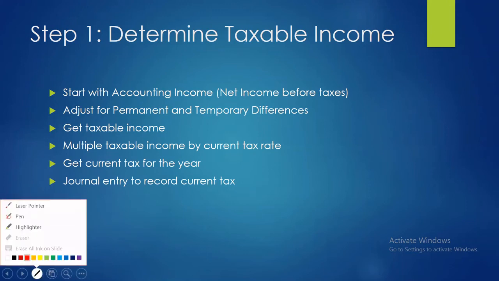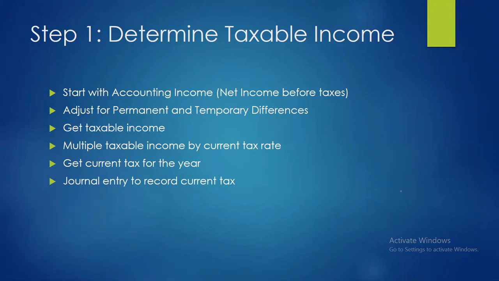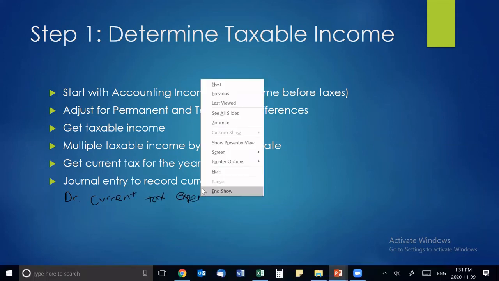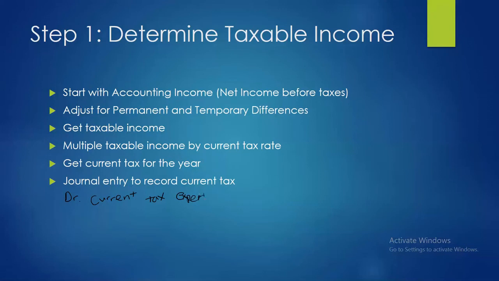Okay, so let me just show you what your journal entry would be like. After you figure out what your current tax is, your journal entry for this is going to be a debit to current tax expense, and a credit to income tax payable, okay?